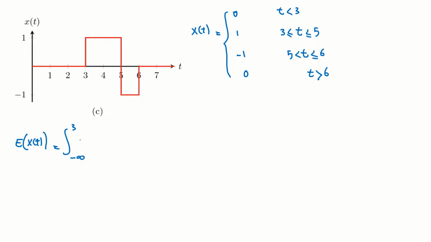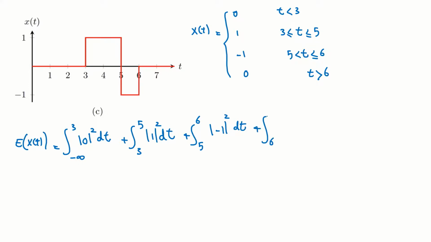In this interval it is 0, so we have integral of absolute 0 squared dt, plus the integration in interval 3 to 5 of 1 squared dt, plus integration from 5 to 6 of absolute -1 squared dt, plus integration from 6 to infinity of absolute 0 squared dt.